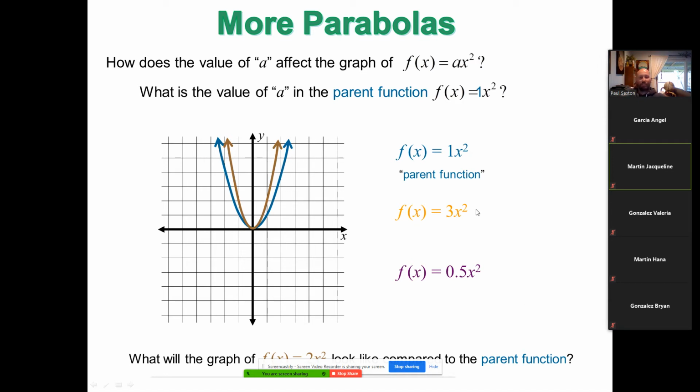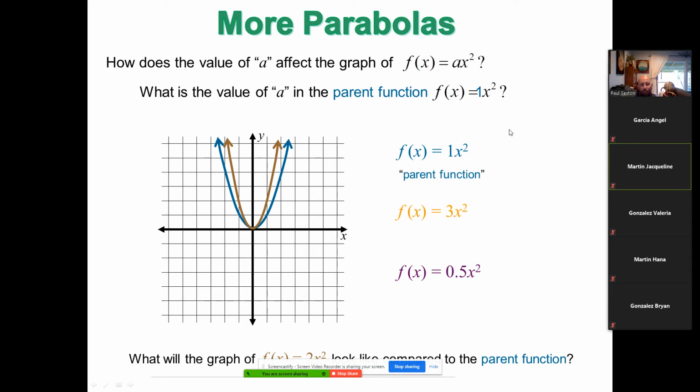All right, so we've looked at these a values, but what you notice about all my a values is they're all positive. So now let's look at the a values if they're negative. We've actually talked about this already, even though we've only had one lesson on parabolas.